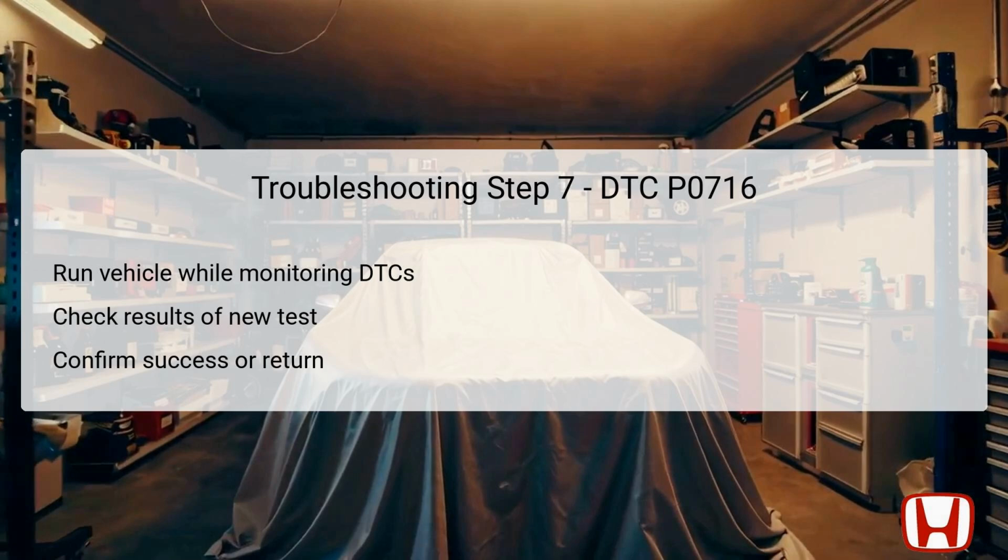After completing this cycle, check to see whether DTC P0716 or P0721 is still indicated in the system. If either code is still active, it indicates that the circuit issue has not been resolved, and one must return to the earlier troubleshooting steps. Conversely, if no codes reappear, it signifies that the system is functioning correctly, thus completing the troubleshooting process successfully.